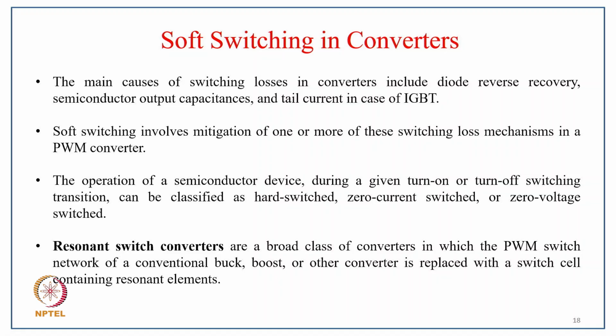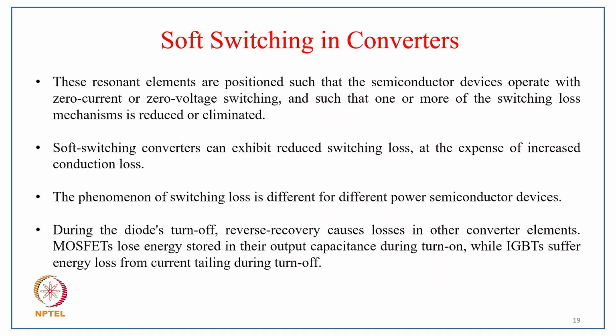Resonant switch converters are a broad class of converters in which the PWM switch network of a conventional buck, boost or other converter is replaced with a switch cell containing a resonant element. These resonant elements are positioned such that the semiconductor device operates with zero current or zero voltage switching, and such that one or more of the switching loss mechanisms is reduced or eliminated.